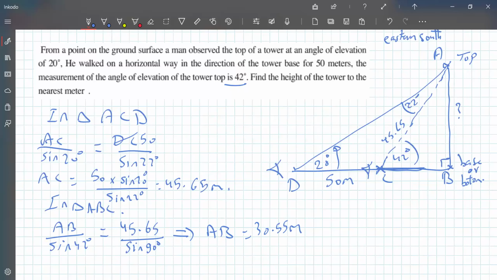He asked about this length to the nearest meter, so approximately it will be 31 meters. Okay.